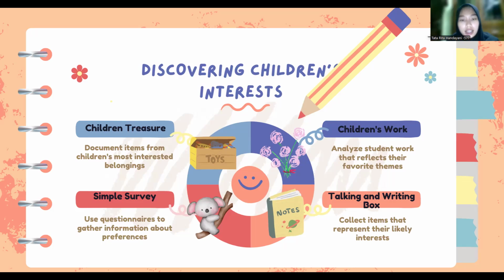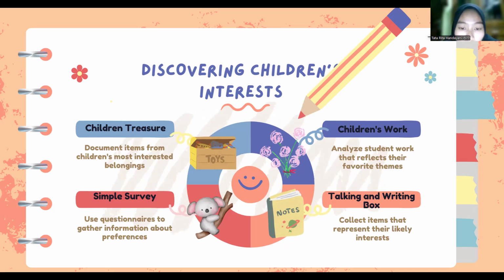Third, analyze children's work. Look at their drawings, creative writing, or free choice activities. When children have freedom to choose topics, they naturally gravitate toward their interests. A child who always draws houses may be interested in architecture or family trips.